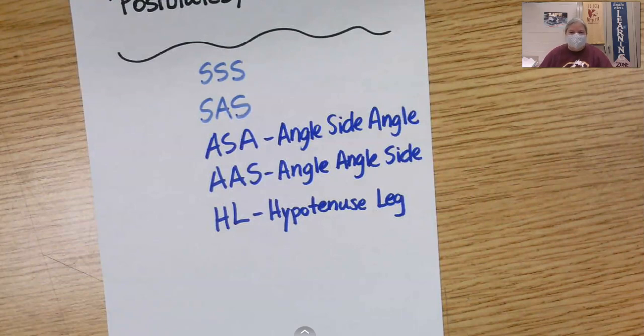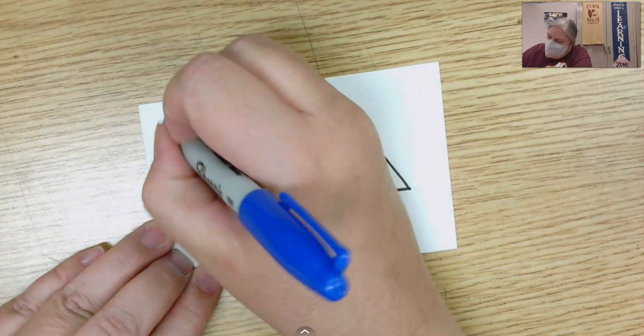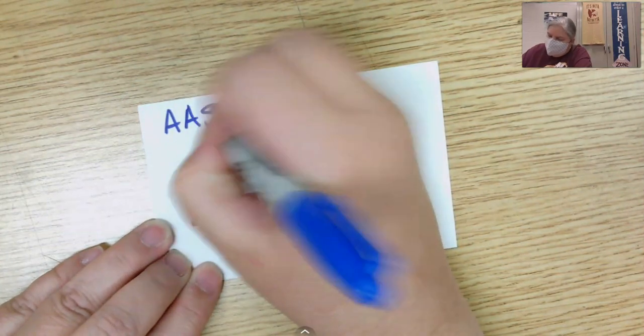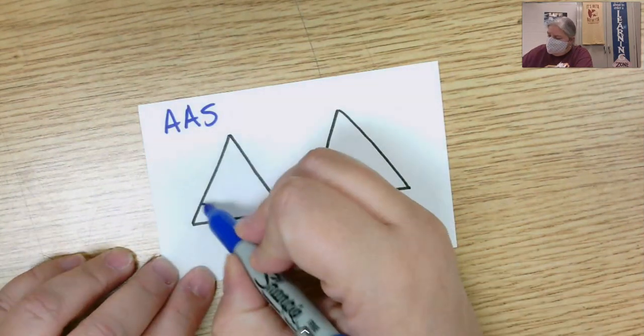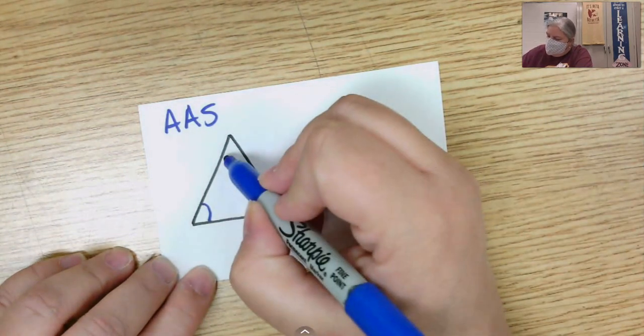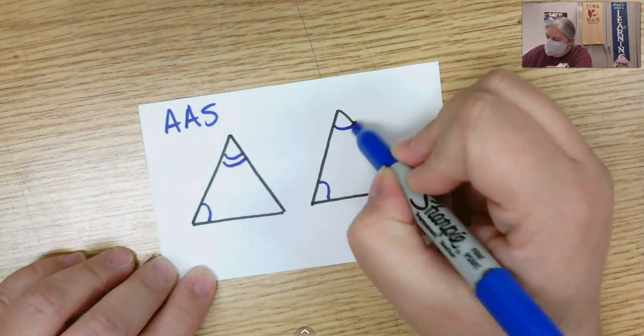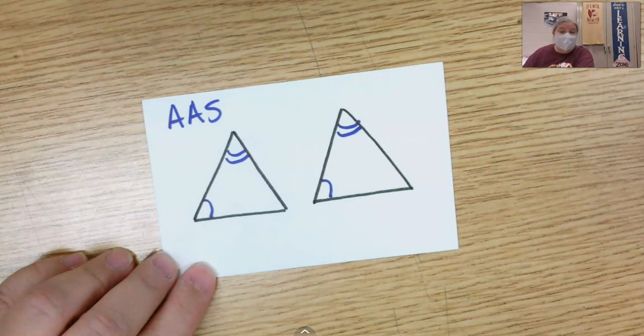So let's look at some of the most basic examples first. In general, if I want to look at angle, angle, side, that's 2 pairs of angles, 1 pair of sides. Let's say this pair of angles is congruent, and maybe this pair of angles is congruent. Now, the thing that makes it different from angle, side, angle is where the pair of congruent sides are.